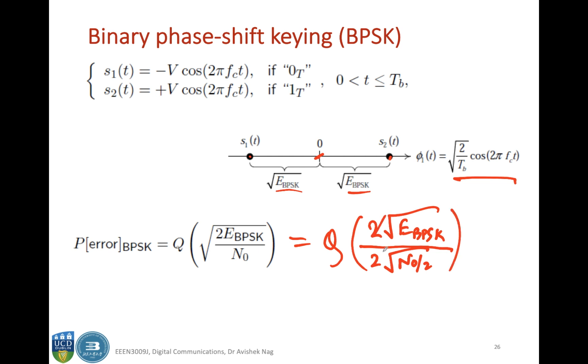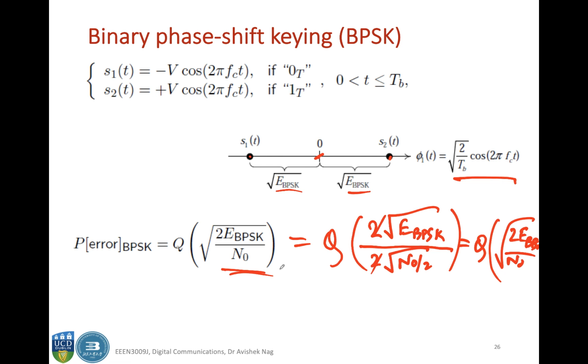Now if you simplify this term, this will give you 2 EBPSK divided by N0, which is already here. So see how easy it becomes to calculate the expression for probability of error for a binary transmission system.